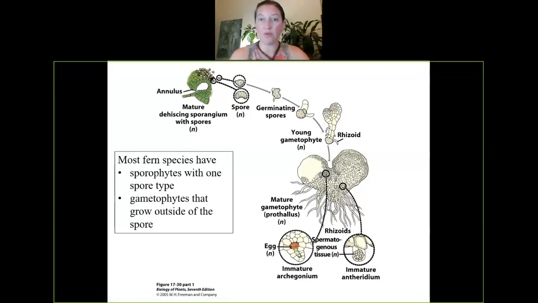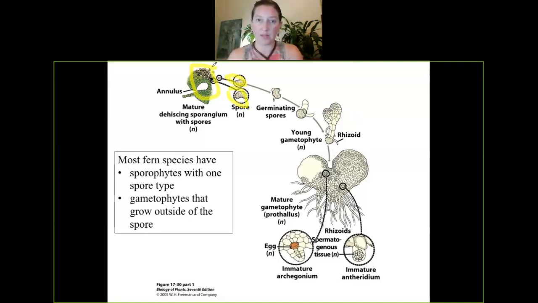Just to point this out, because we're going to see something later that isn't like this. Most fern species have sporophyte plants that only make one type of spore. So this spore and the spore here and all the spores here are all the same in morphology, and they have the same information inside of them.